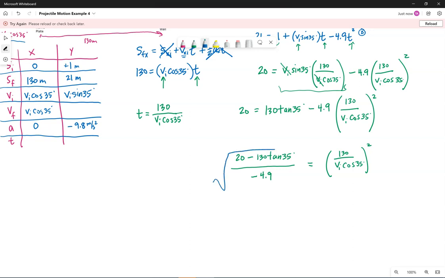I'll then take the square root of both sides. I'm going to find out what number that gives me on the left side. So 20 minus 130 tangent 35, divided by negative 4.9, square root of that. This left side becomes 3.8073. The right side, the square root is going to get rid of our squared, so I'll just have the 130 over V initial cosine 35.